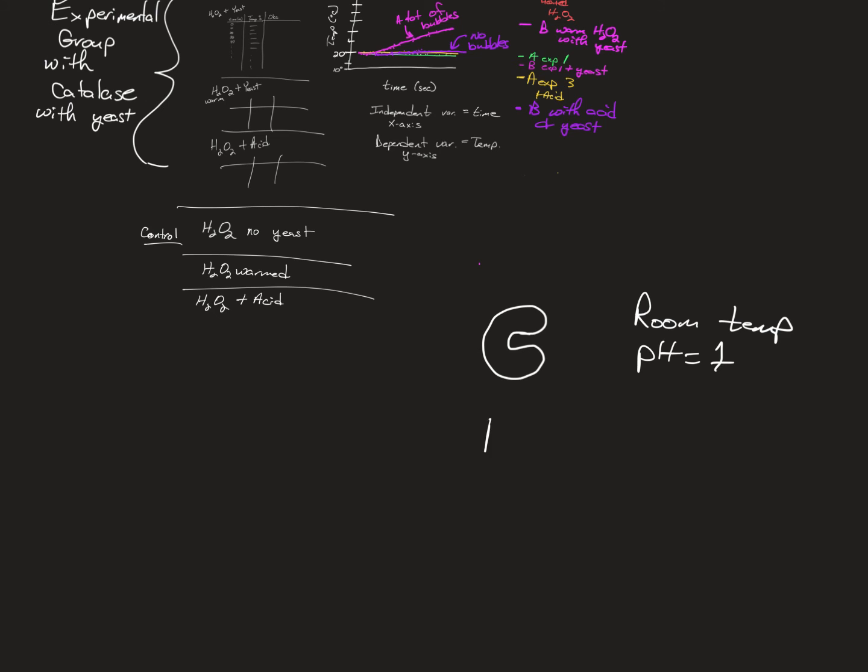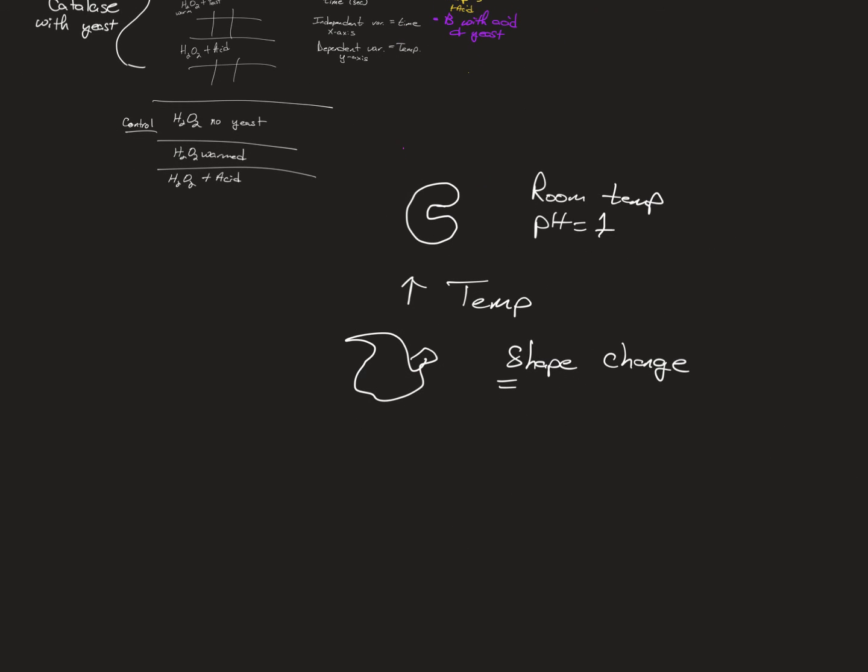But when you increase temperature beyond a certain point, it looks like this. Shape change equals what we call denaturing. And that makes sense. It's not natural. So where it looked like this originally, now it looks like this.